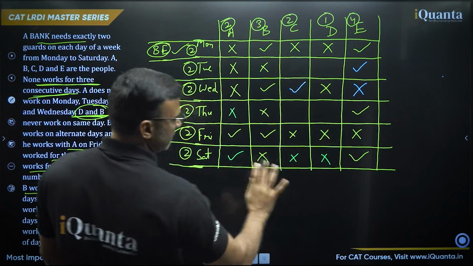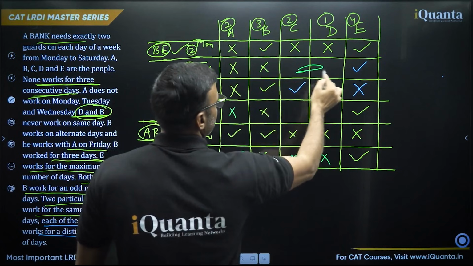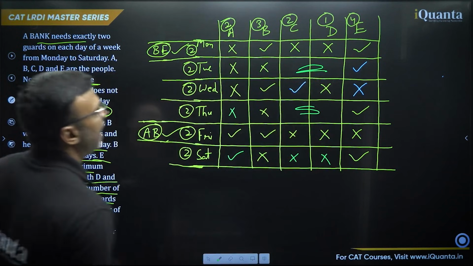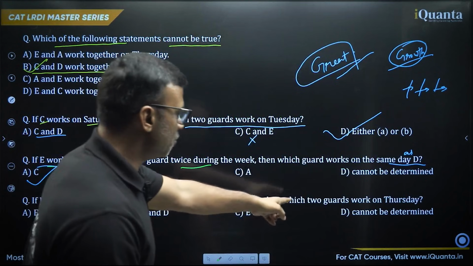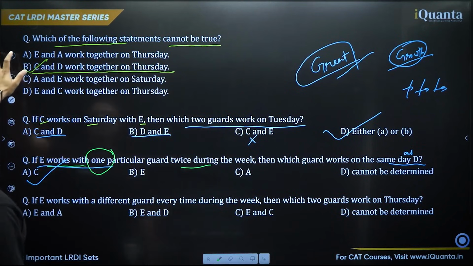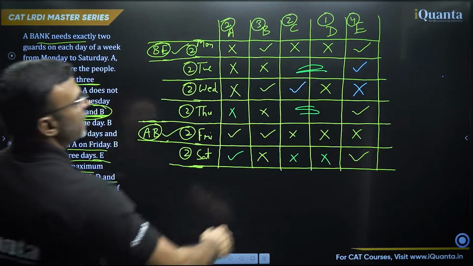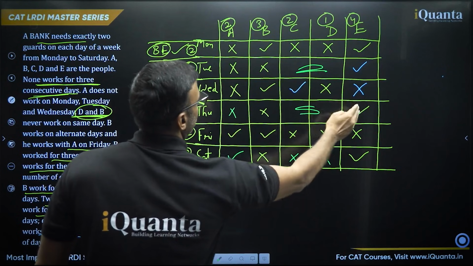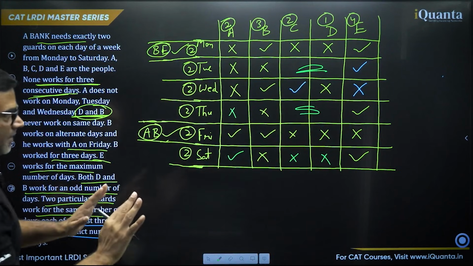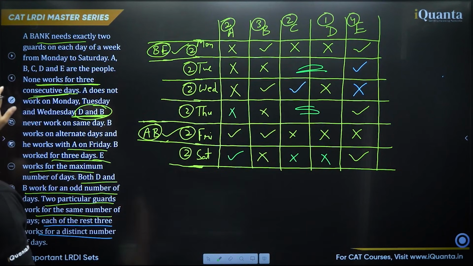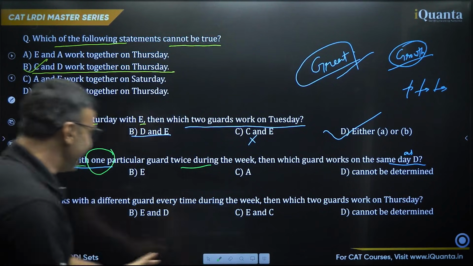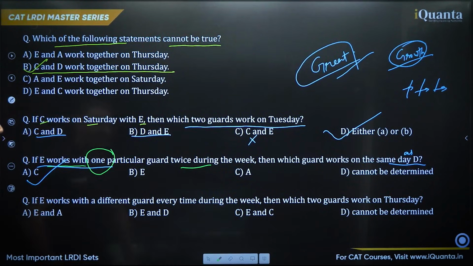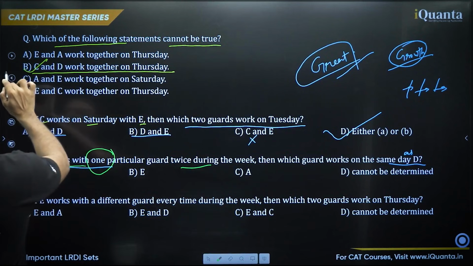So this is one situation that we have. Any one here and any one here. So what was the question? The question was, every time, then which two guards work on Thursday? On Thursday, we have either EC or ED, that is one. Hold on. Either EC or ED. ED is there, EC is there, EA is also there. Okay, so cannot be determined, we'll check back.